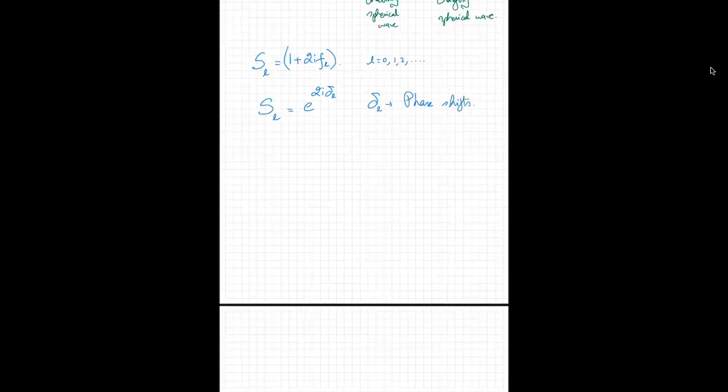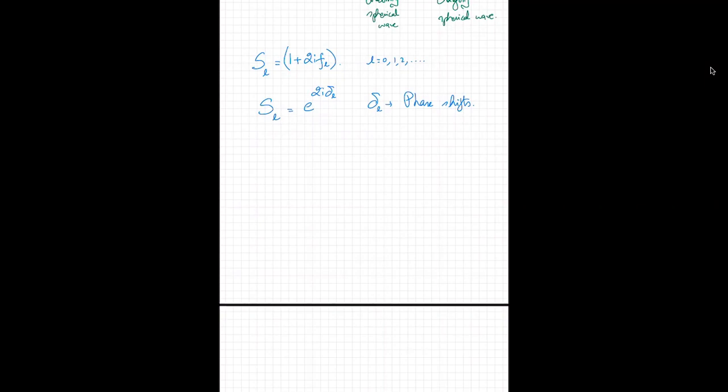So basically what is happening, I'm throwing in a wave, and I'm decomposing this incoming wave in terms of all possible spherical waves with all possible values of angular momentum. I have a rotationally invariant potential that is doing the scattering for me. Since it is rotationally invariant, if I throw a wave with L equal to 5, the outgoing wave is also going to have L equal to 5.